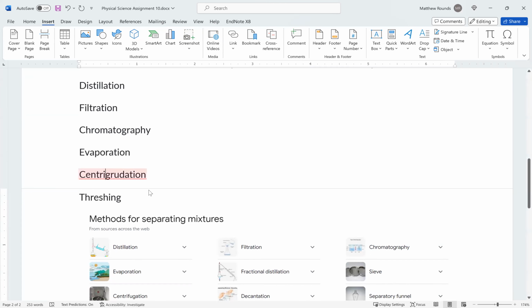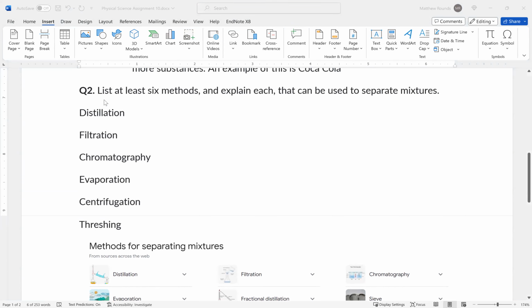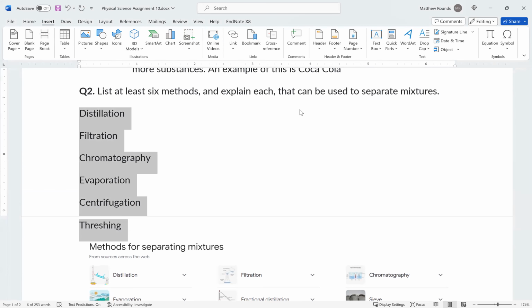I would have you look up each of those. Just a brief explanation about how it can be used to separate mixtures.